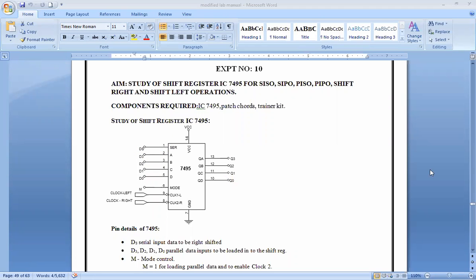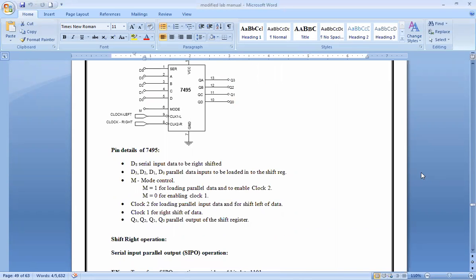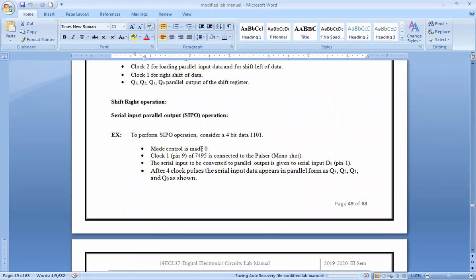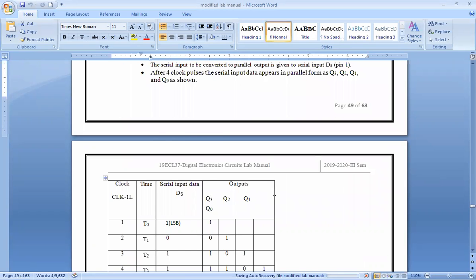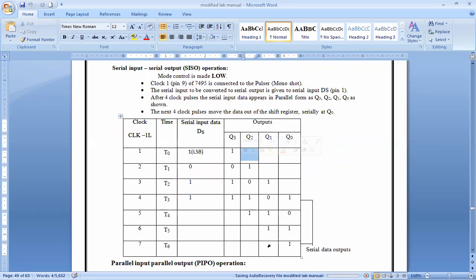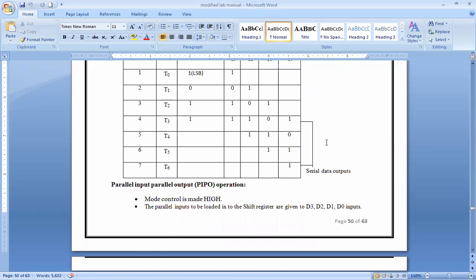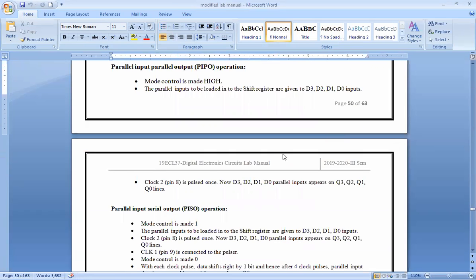Okay, fine. So now we are going to have the parallel mode. Which means M, all this while 0, now I'm going to make it high.